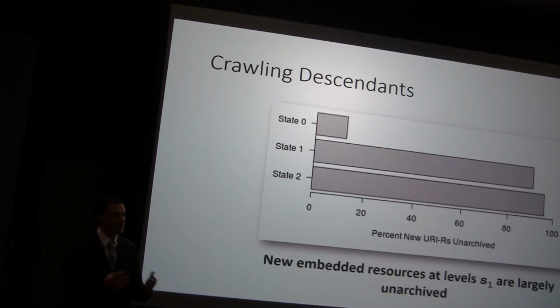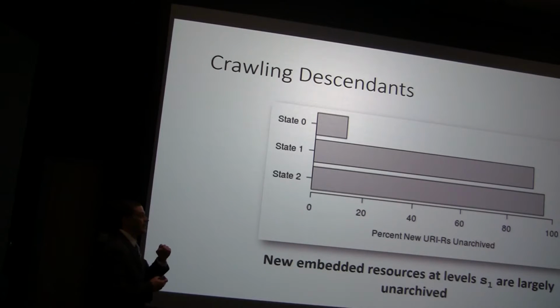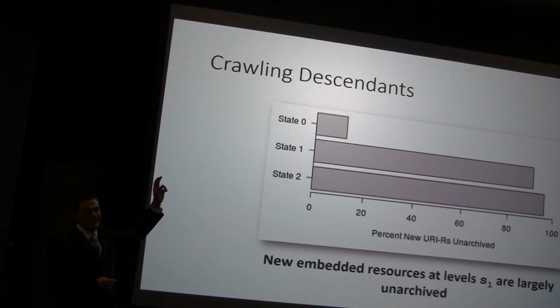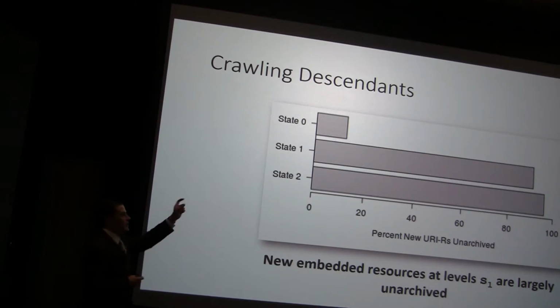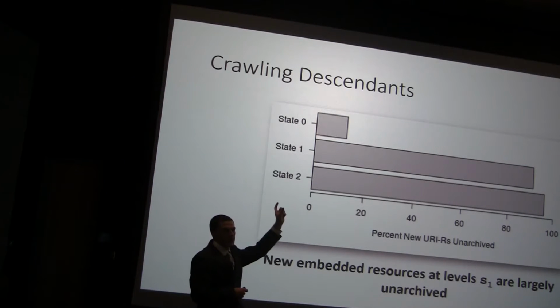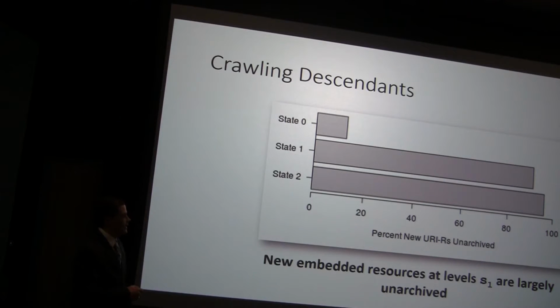You might be saying that it doesn't matter much because these might be well represented in the archives, but they're not. If we start at the root level again and talk about the 10,000 URIs required to archive that root level, we see something at about the same presence level in the archives as the live web. That is, about 15% of that root level is not represented in the archives. However, remember that the first level is 54,000 wide.